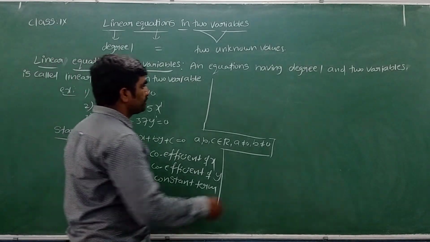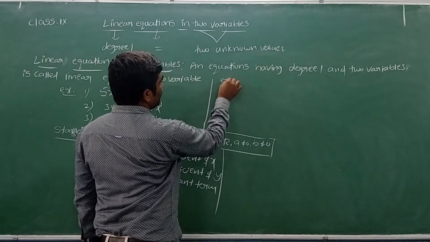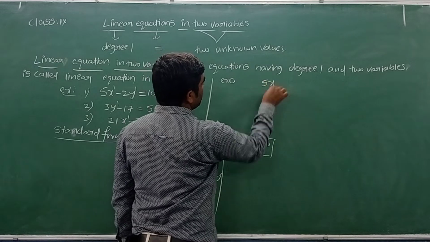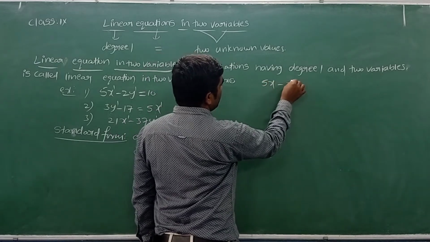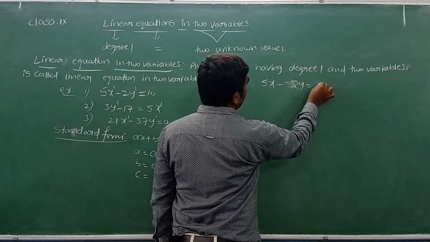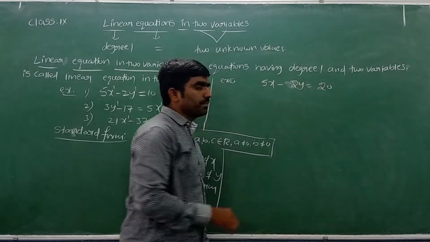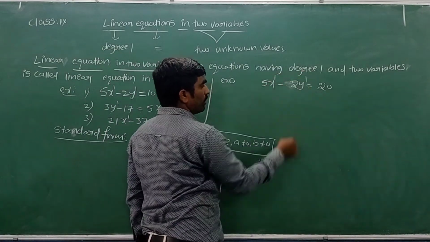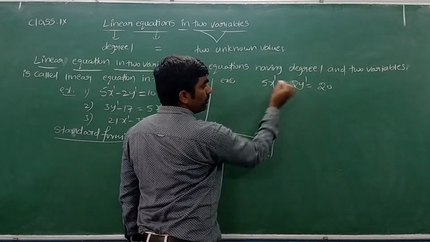How can you find those solutions? Let's see once. Let me take one example: 5x minus 2y is equal to 20. It is a linear degree 1 equation with two variables.